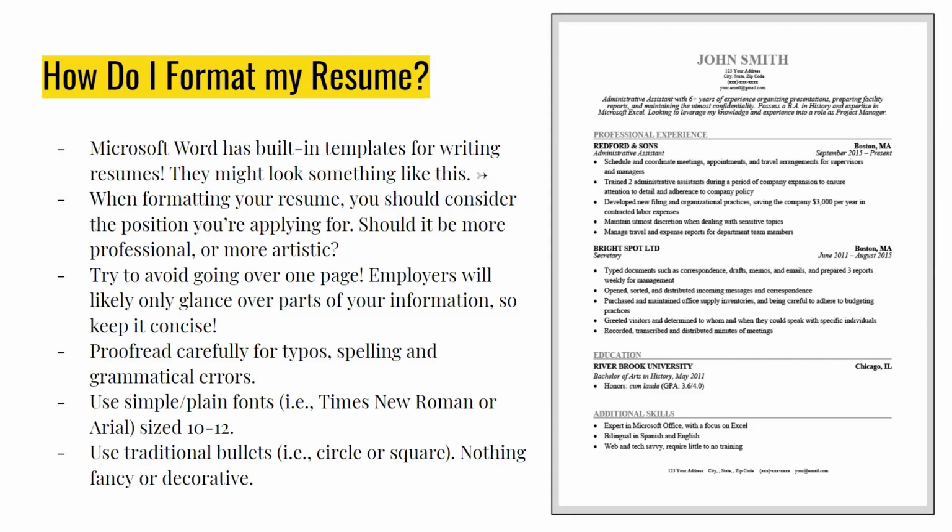You want to keep it concise, but make sure you really hype yourself up and make sure you have all of that information there. The next part is super, super, super big. You want to proofread very carefully for typos, spelling, and grammatical errors.